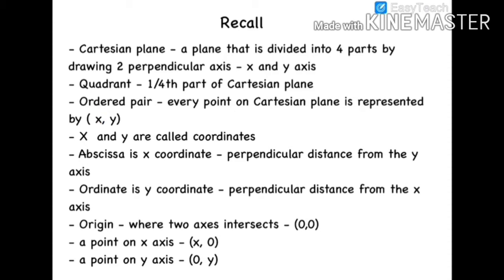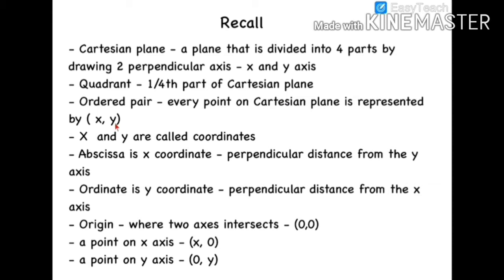Each of these numbers in the bracket are called as coordinates of that point. The x coordinate is called as abscissa, which is the perpendicular distance from the y-axis and is measured along the x-axis.